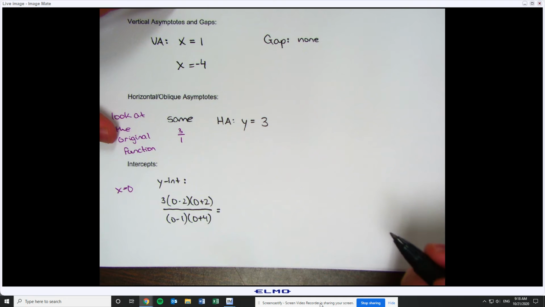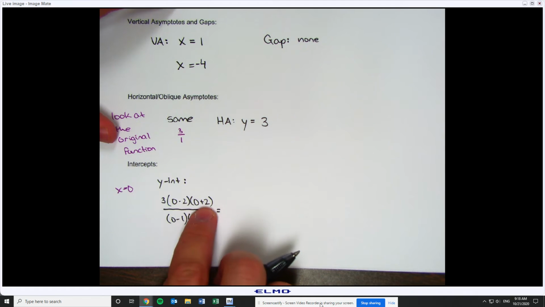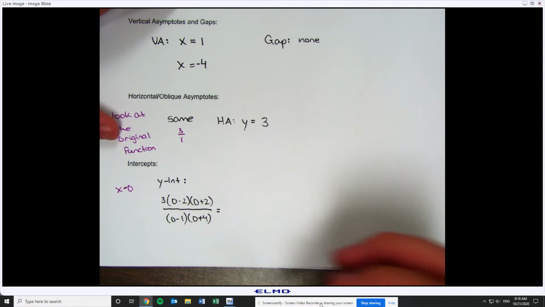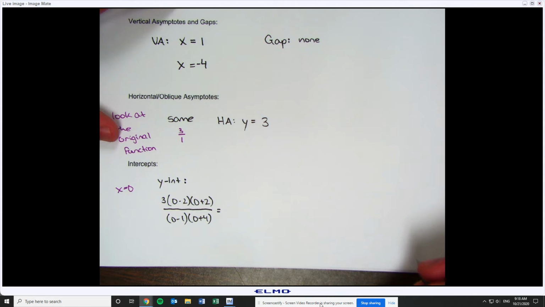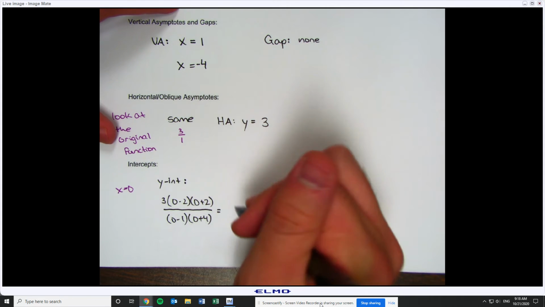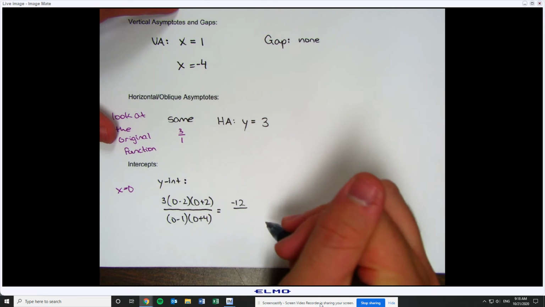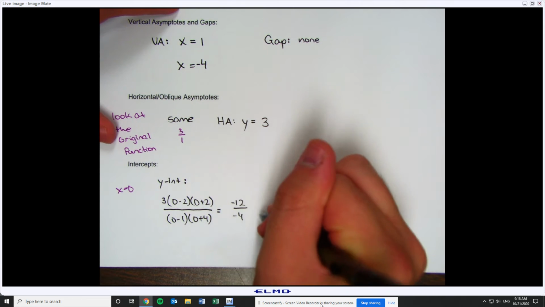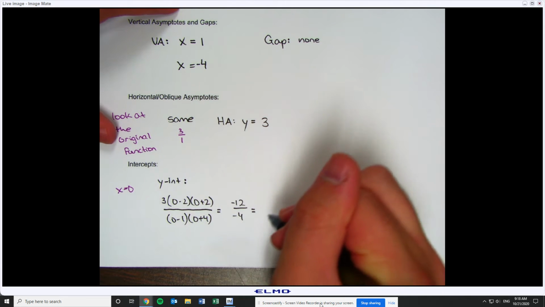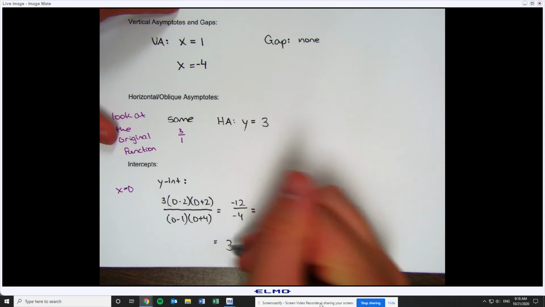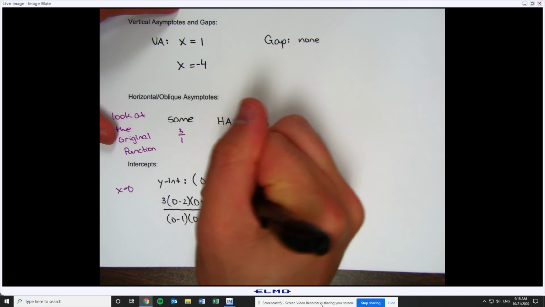Okay, doing some work on this. That's going to be -2. That's going to be +2. Multiply those together, we get -4. -4 times 3 is -12. Okay. And for the bottom, -1 times 4 is going to give us -4. We can reduce that a little bit further and get 3. So I get 0, 3.